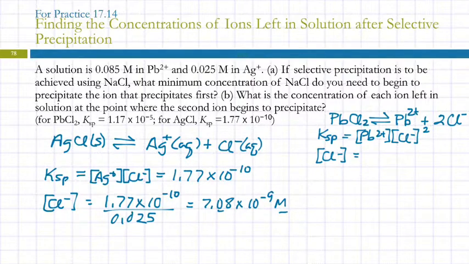the lead, 1.17 times 10 to the minus 5, divided by the lead concentration. And we have to take the square root of that.